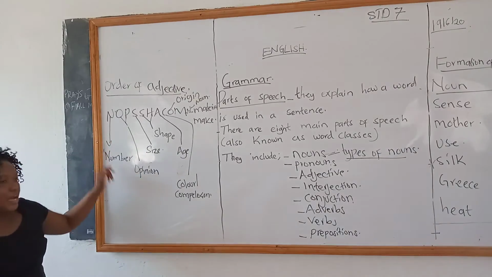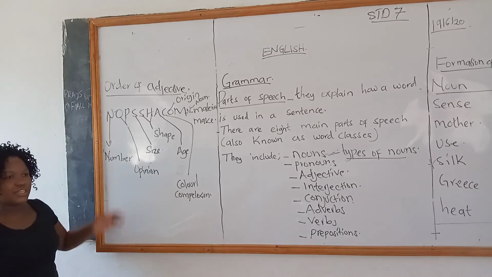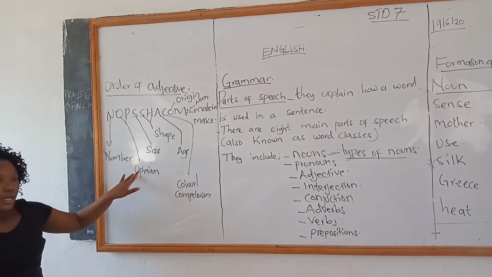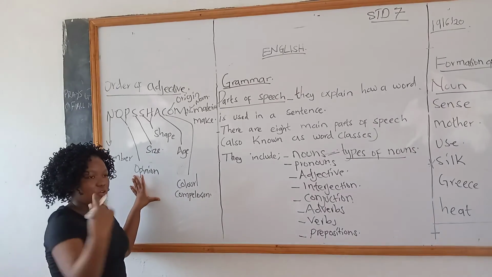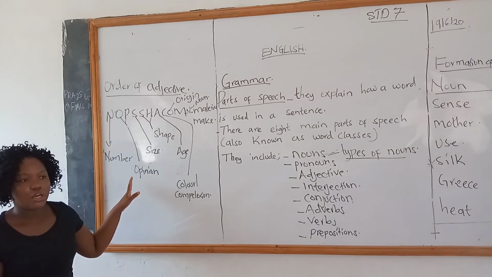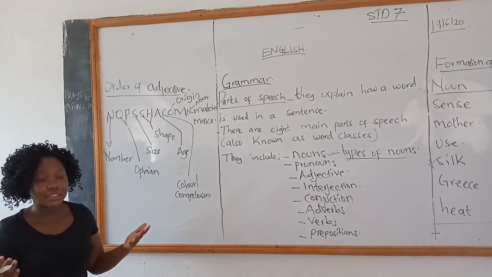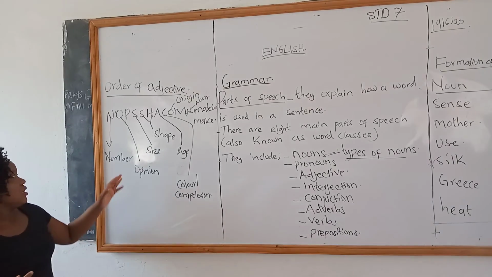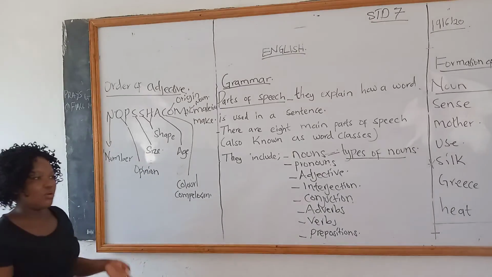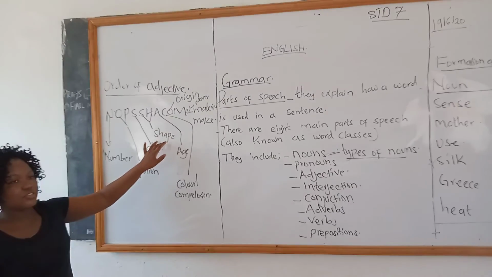So we have the number. The number can be 1, 2, up to 100. Opinion: somebody can be beautiful, handsome, but people have different opinions. Your opinion from mine can differ. Then we have size. Is it big or small? Then we have shape.